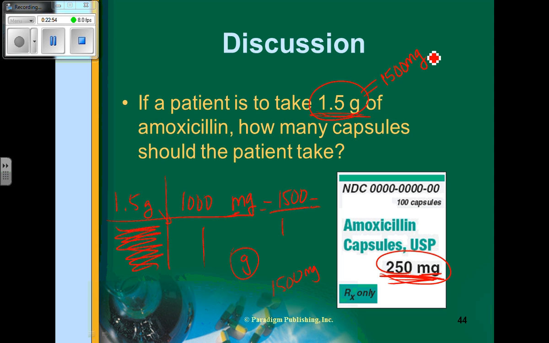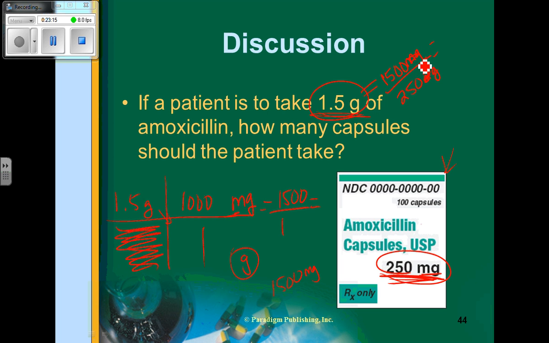Okay, now you want to know how many capsules the patient should take. Well, this label is telling you that each capsule in this bottle is going to be worth 250 milligrams. So what you would do is you would take your 1,500 milligrams and you would divide it by 250 milligrams. The units cancel each other out.